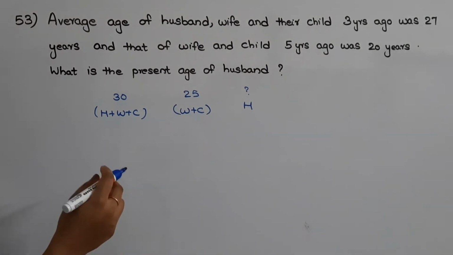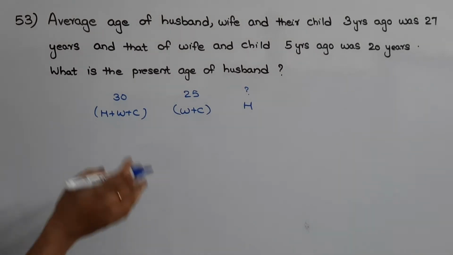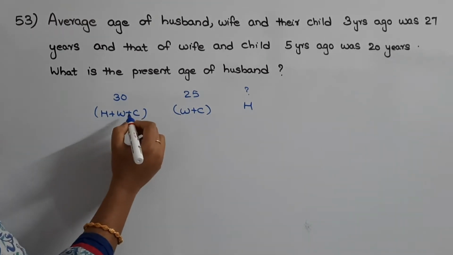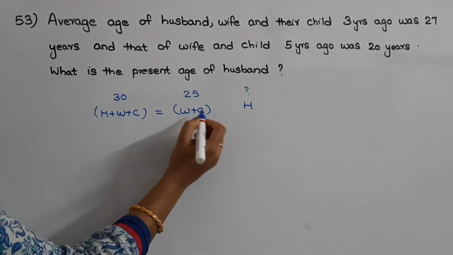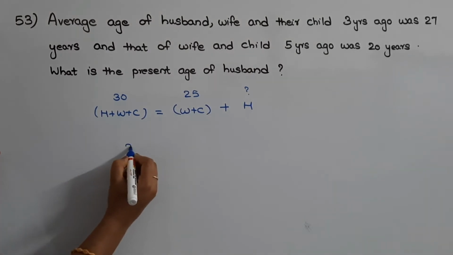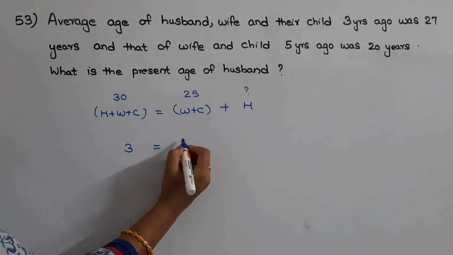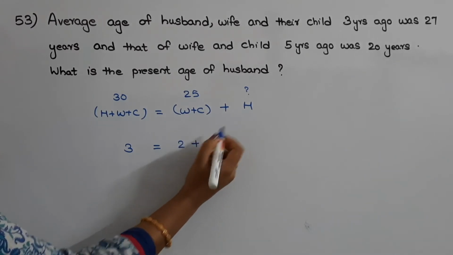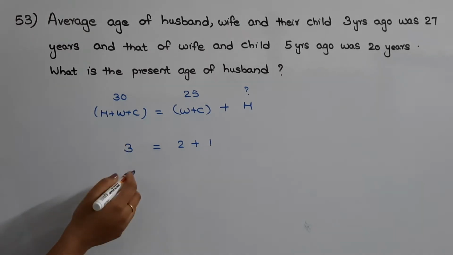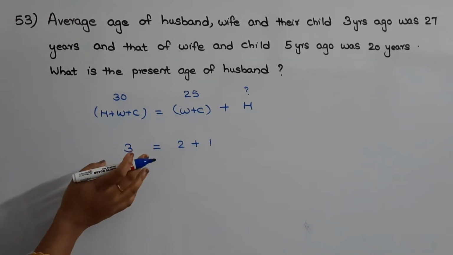This question also we are doing by the shortcut method, which we have done in the previous question. So H plus W plus C is equal to W plus C plus H. Here the number of members is 3, that is equal to, here the number of members is 2 plus here the number of members is 1. The next step is to write down their respective average ages.